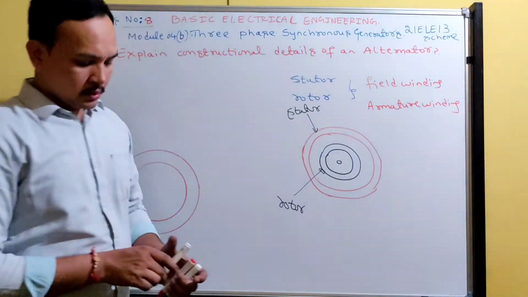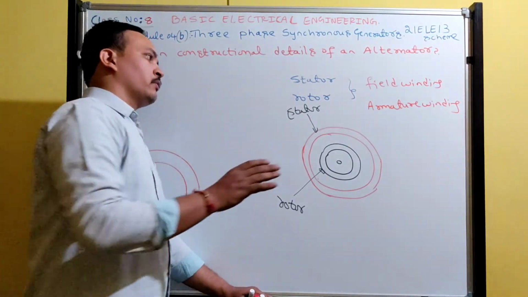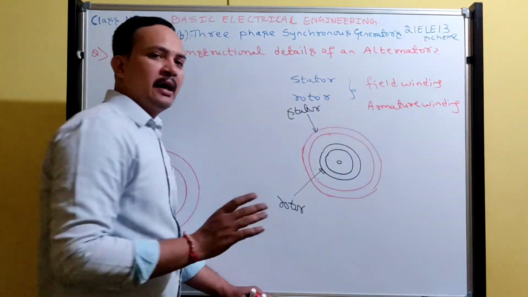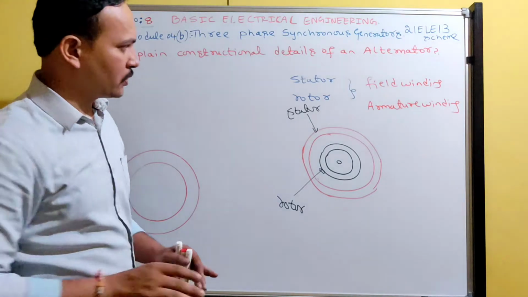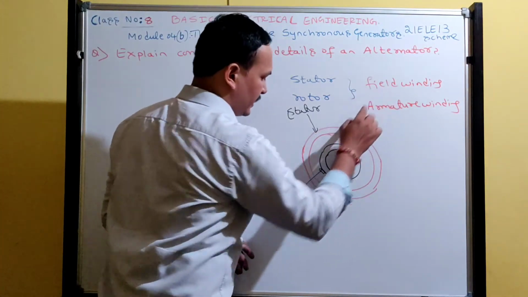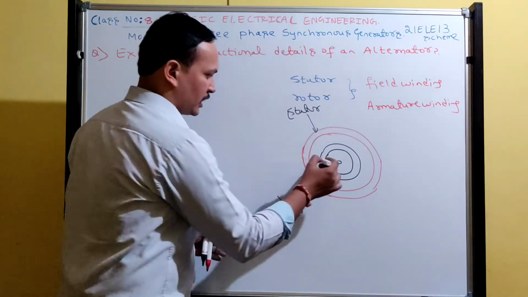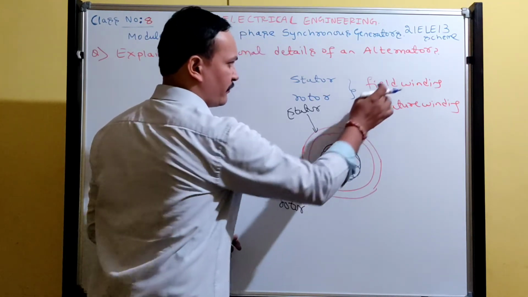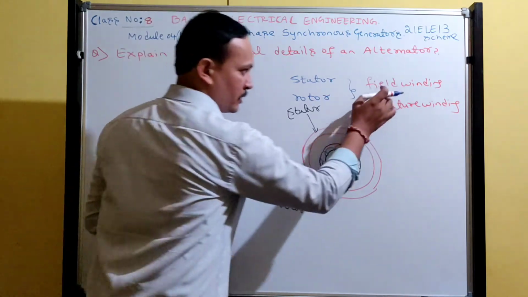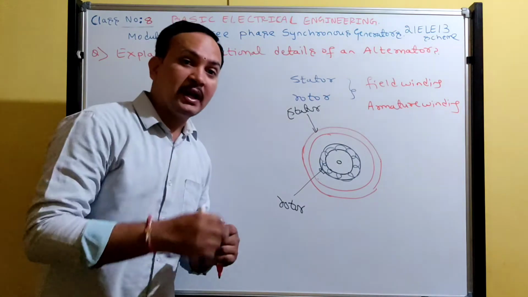We have the option to put these windings either in the stator or in the rotor. Suppose I put the field winding in the rotor, the winding will be like this. If I put the field winding in the rotor, then it is called a rotating field.